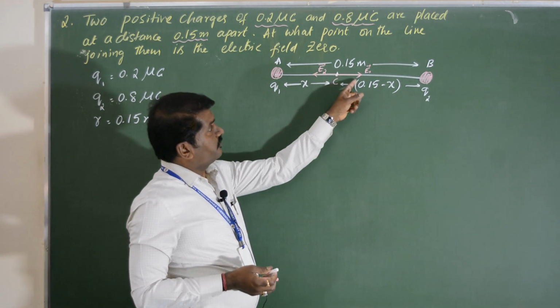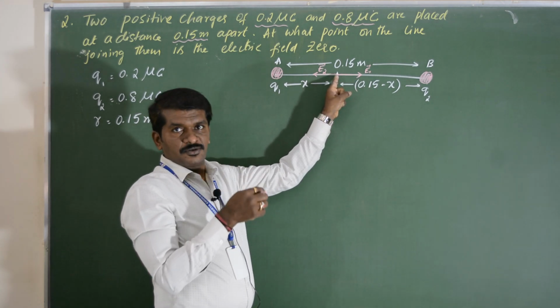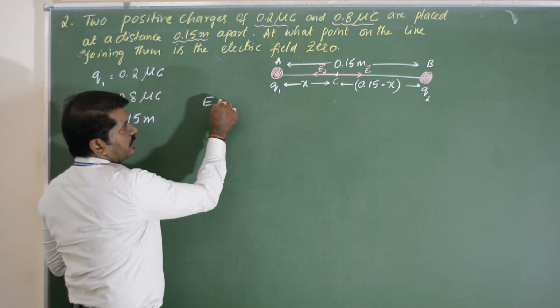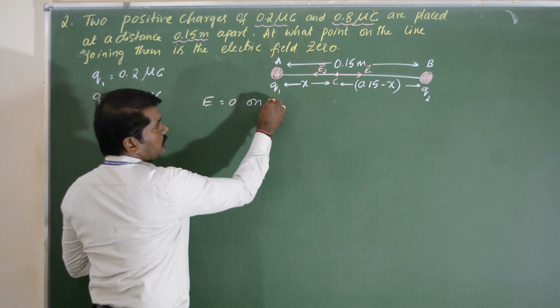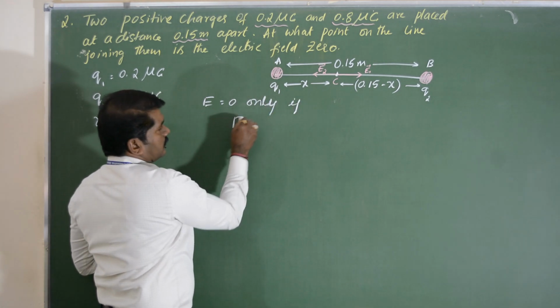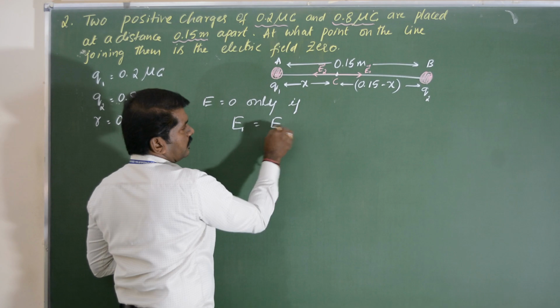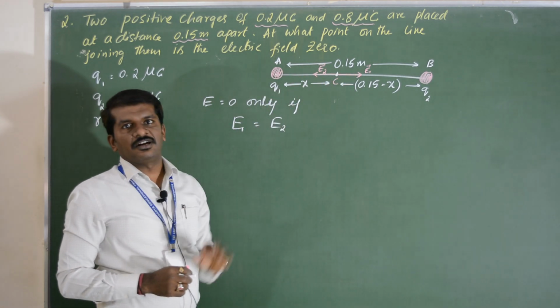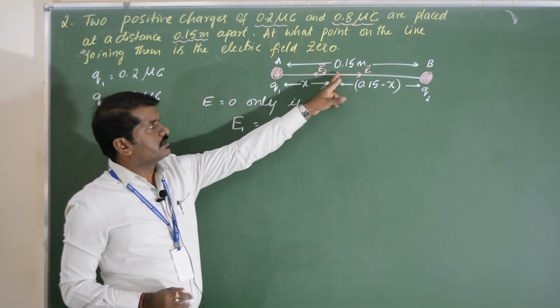The net electric field must be equal to 0 only if E1 is equal to E2.